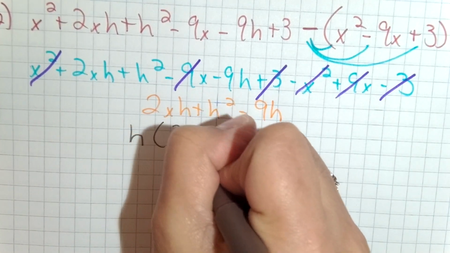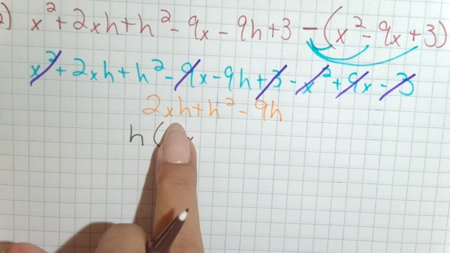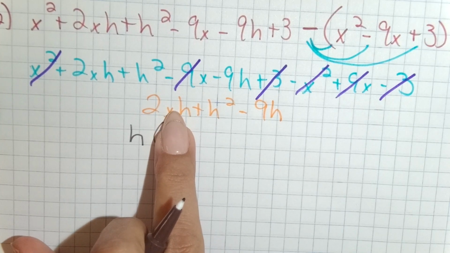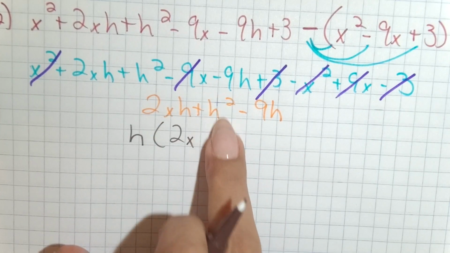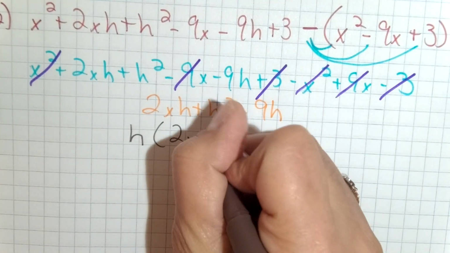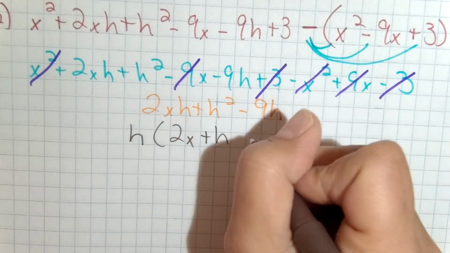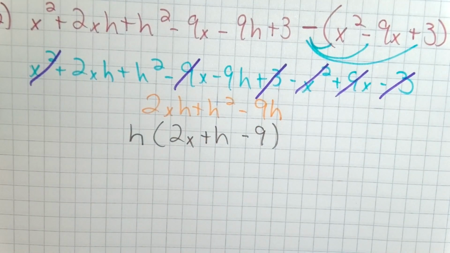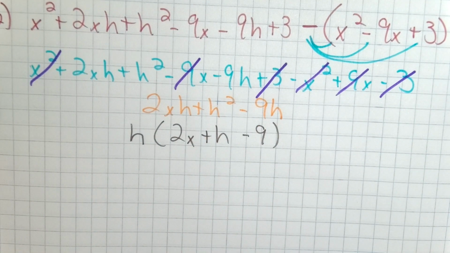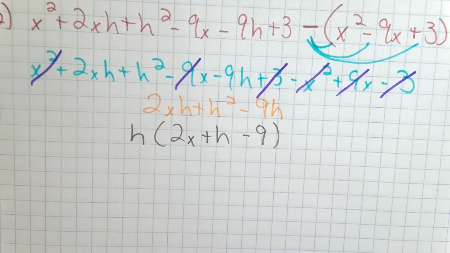So I have 2x. I take out one h. So there's no more h's left. I take out one h, right? That means I have one more in there. I take out one h. Minus 9. Step 2 is done.